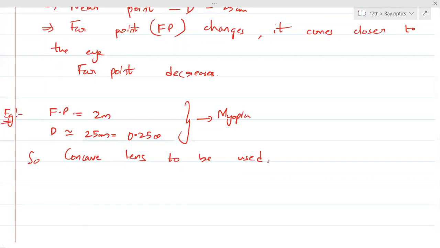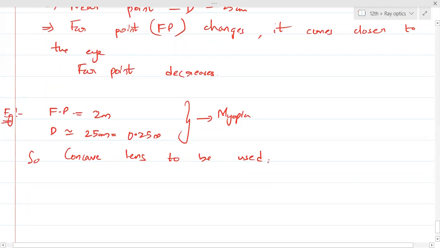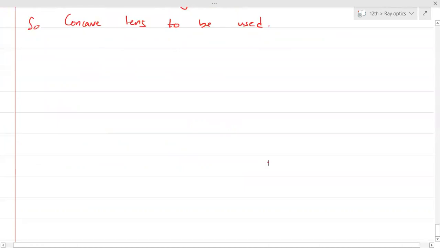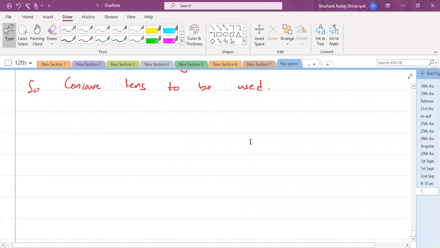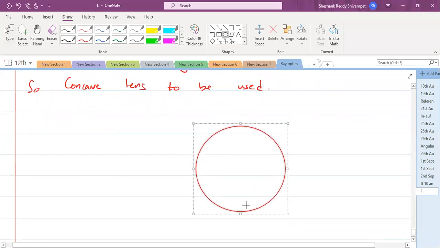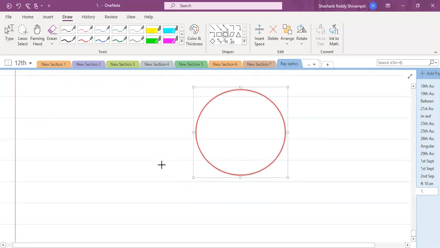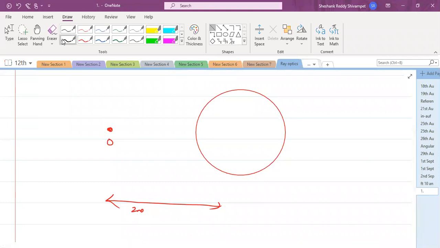अब ये कैसे करें? How will we do this? अब देखो यहाँ देखो. Now there is an object here. Let's suppose this is 2 meters. Now if the object is at 2 meters, then this is clearly visible.